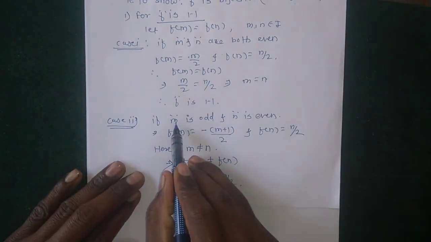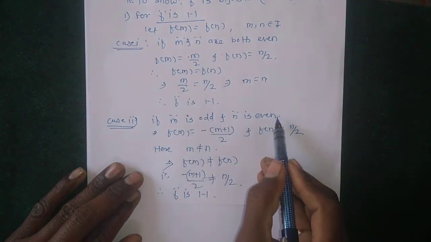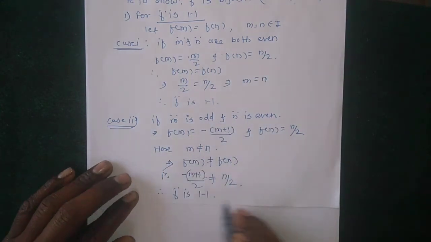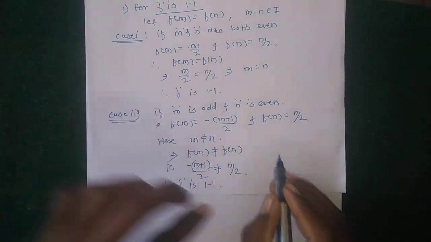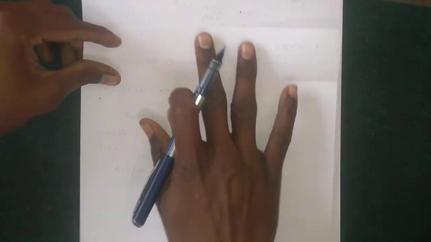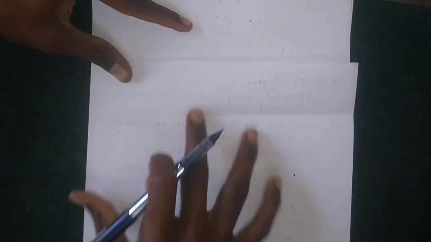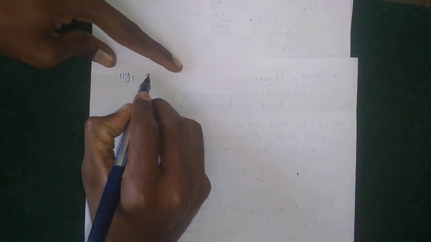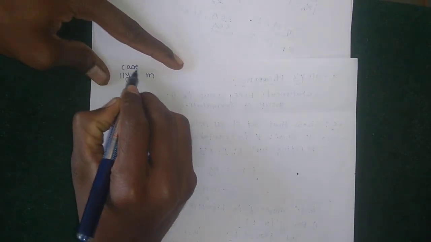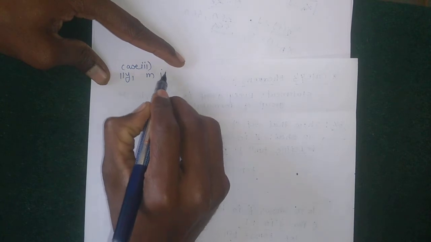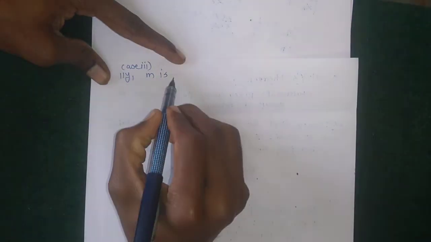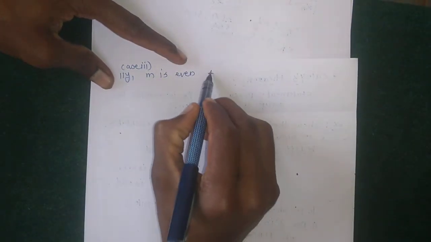Next case is m is even and n is odd. Similarly, case third: m is even and n is odd.